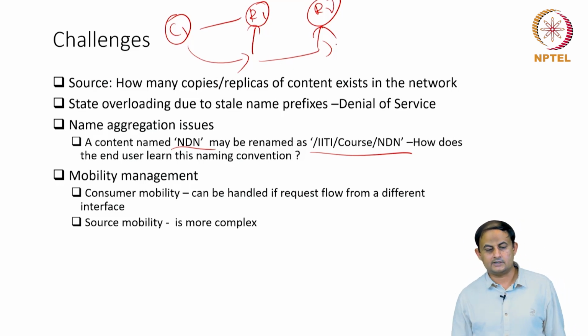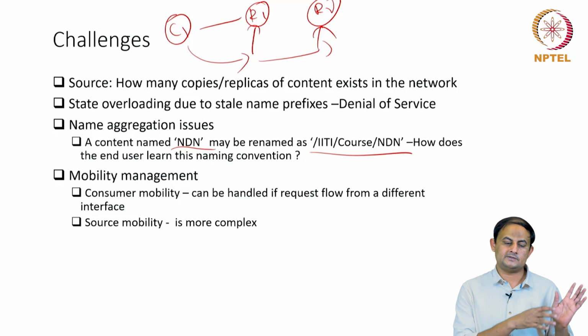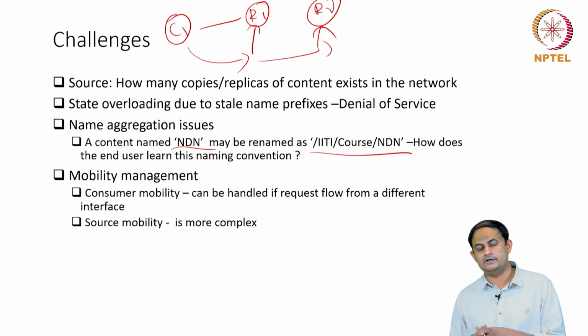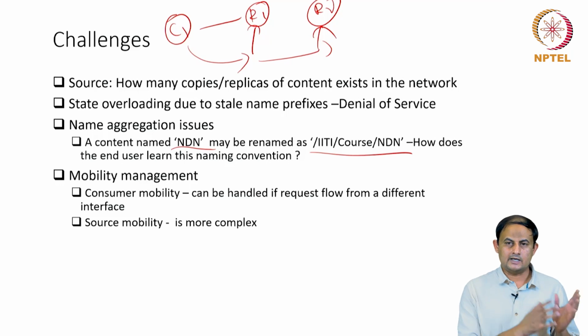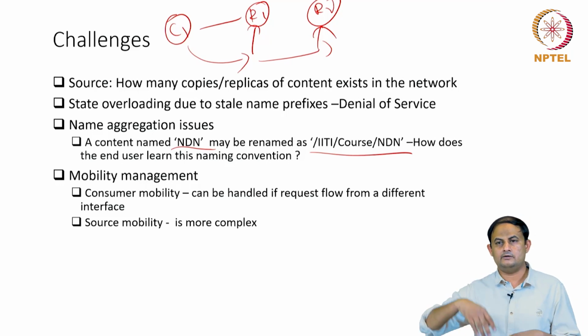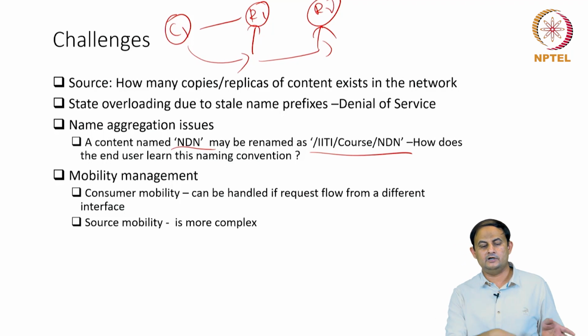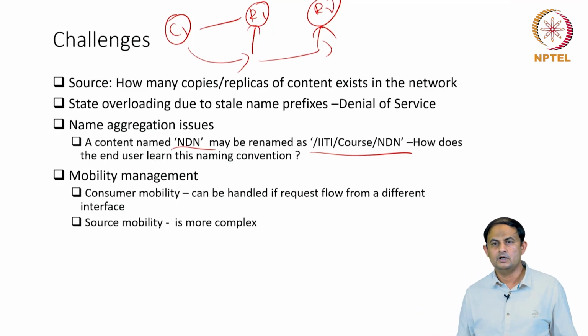If he is connected to the same router R1, not necessarily on the same interface as previously but on a different interface, he might be making the request. That is still okay. As long as I know who the client is, and the requests are coming on interface number 2 if not on interface number 1, I can still handle that.